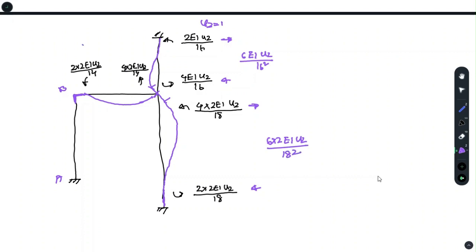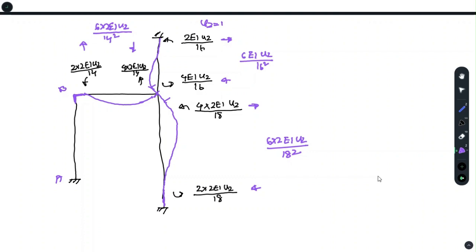If the moment is anti-clockwise, the reaction will be clockwise, and both reactions will be the same, which is 6 multiplied by twice EI U2 divided by the length squared. Here the length is 14 squared. So these are the possible moments and reactions after the application of the Doki U2.